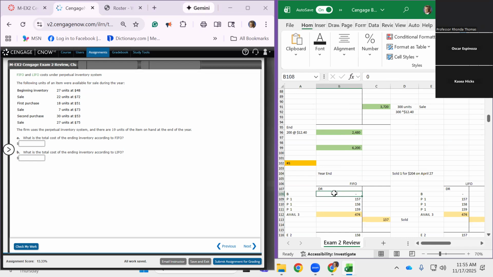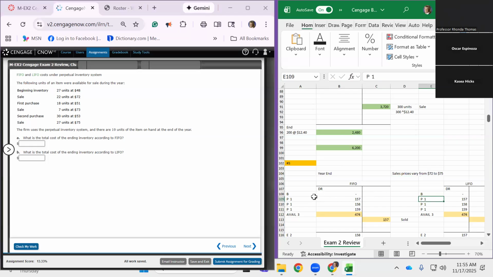We have a beginning inventory, and I'm going to put that out here, and then I'll put the sales in. The sales prices vary, so I'm going to put sales prices vary from $72 to $75. So we want to be sure to use the one we need.